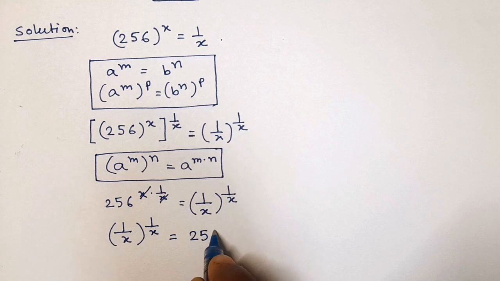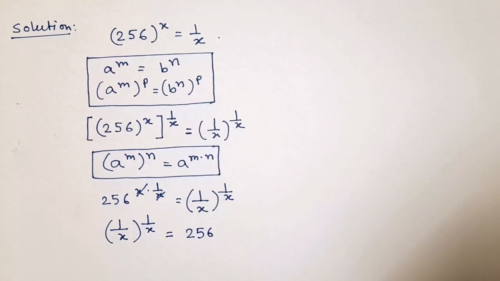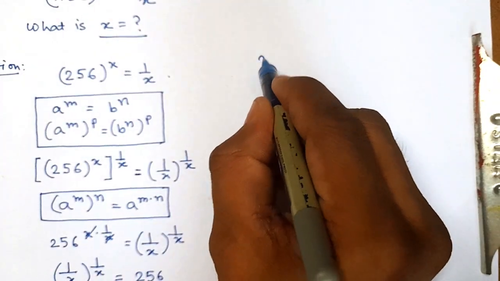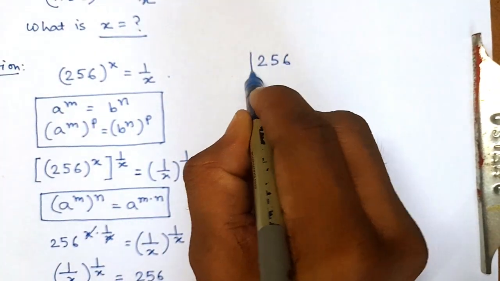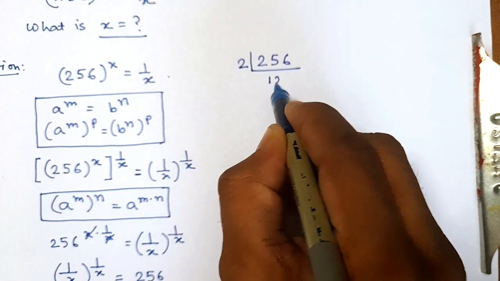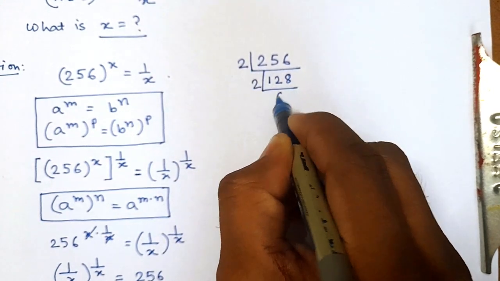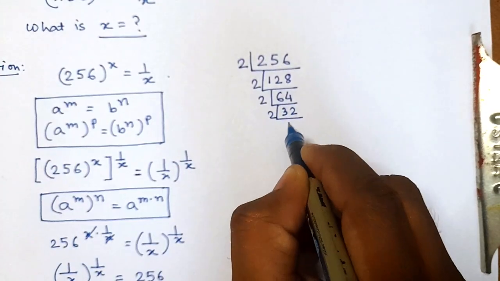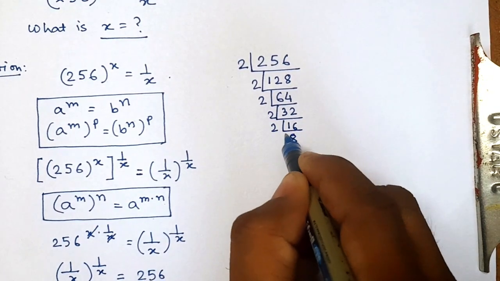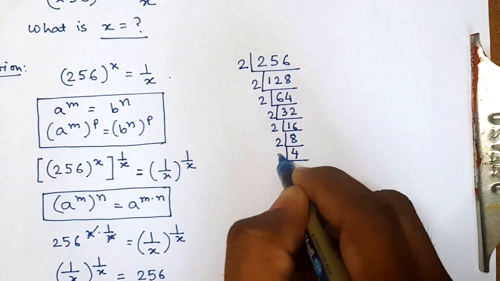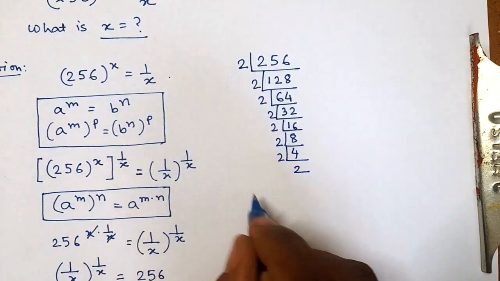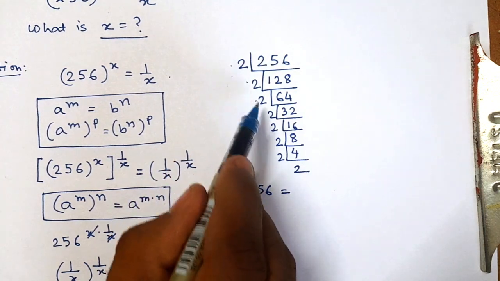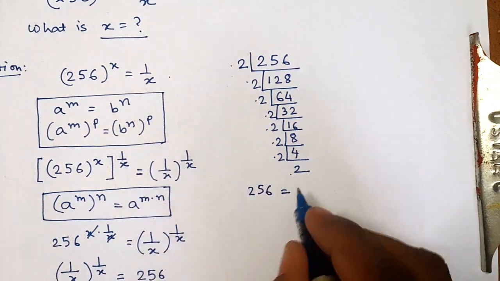Now if we factorize 256, see what we get. We can write 256 is equal to 2 to the power 8.